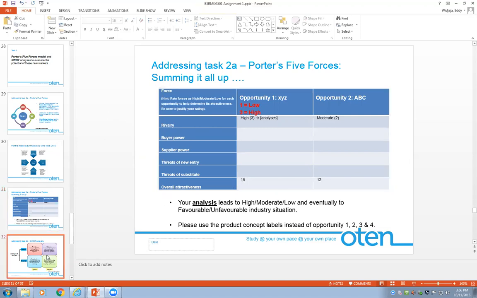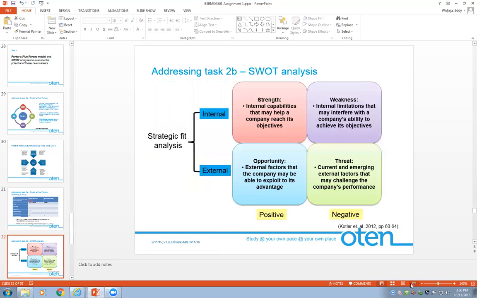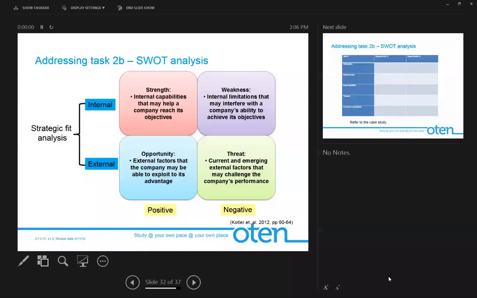Right. The next thing that we need to do is the SWOT analysis. SWOT is a strategic fit analysis between internal and external. Strengths and weaknesses are internal. They represent the organization's assets, capabilities, or resources.